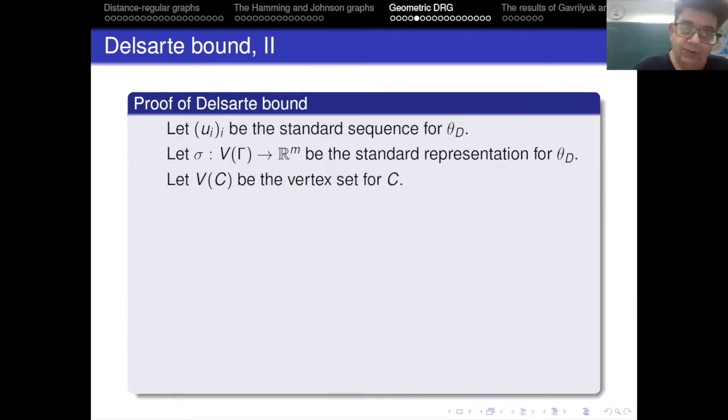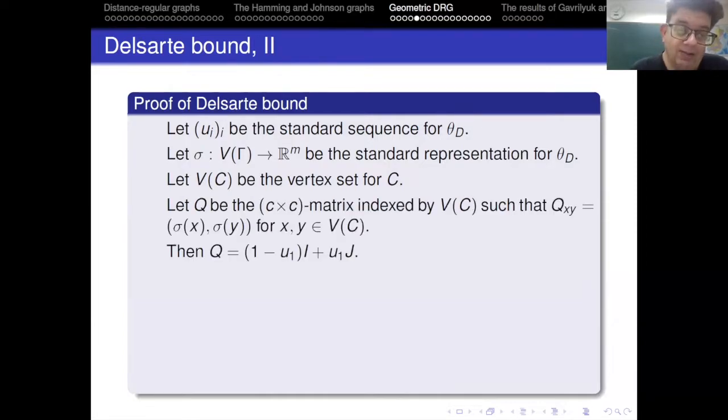It's not so difficult. You take the standard sequence for theta d, the standard representation for theta d, and let Vc be the vertex set of C, and let Q be the c times c symmetric matrix indexed by the vertices of the clique, such that the xy entry is the inner product of sigma x with sigma y, for x and y in Vc.